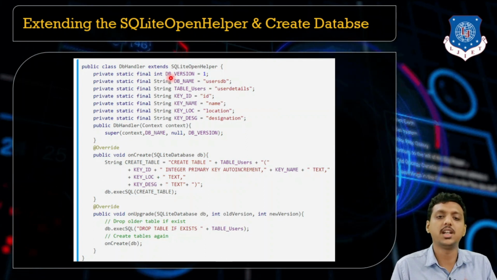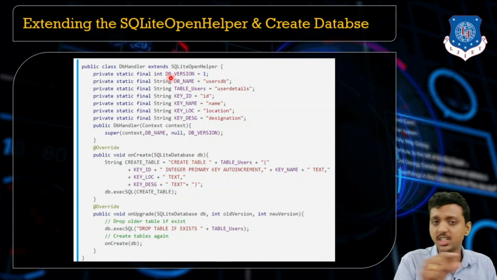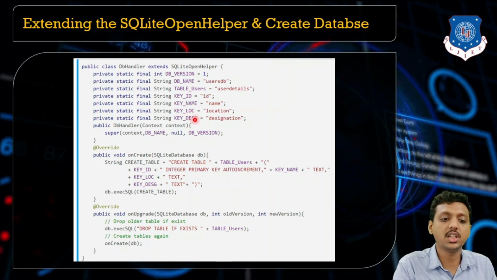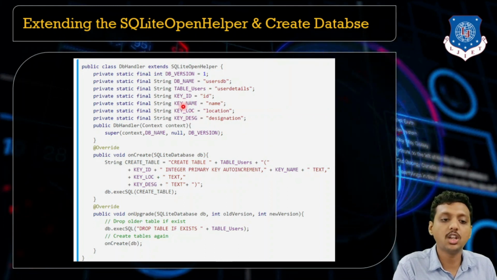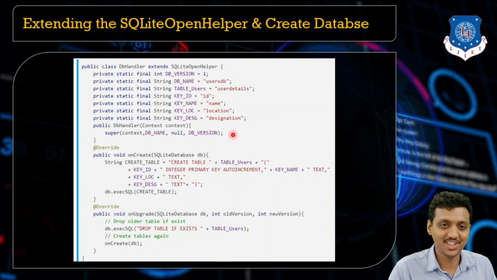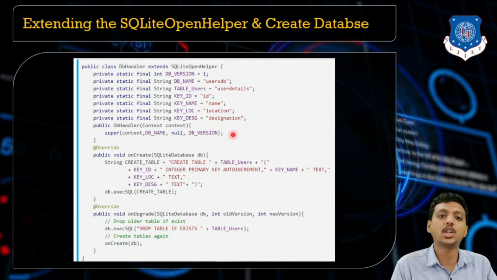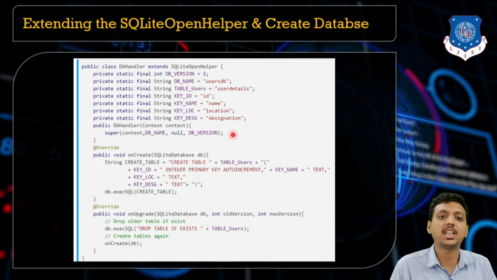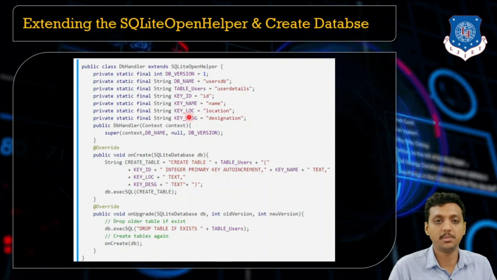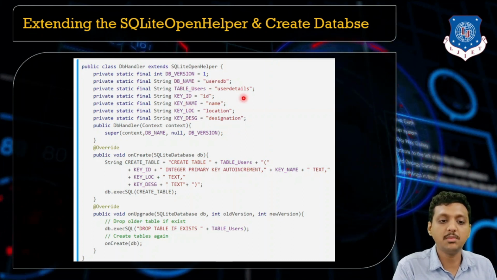These columns have names like KEY_ID, KEY_NAME, KEY_LOCATION, KEY_DESIGNATION. These are my column variables, and the column names are id, name, location, and designation. This is a good way of coding in Android to define the column names by preceding them with KEY_ something. This is not a column name, but a variable that contains the column name. Next, this is the database version, this is the database name, and this is the table name over here.